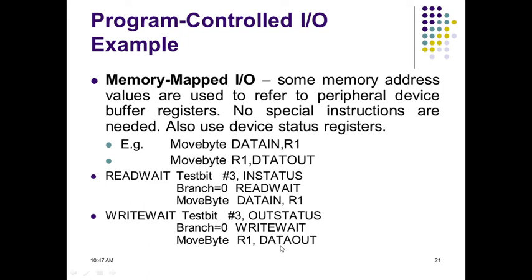So basically these deal with the status flags SIN and SOUT by assigning them distinct addresses. It is more common to include SIN and SOUT in the device status registers, one for each of these two devices.